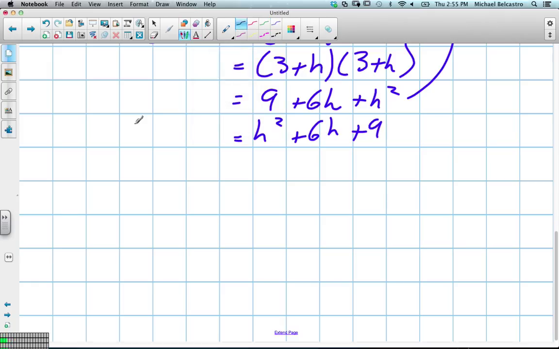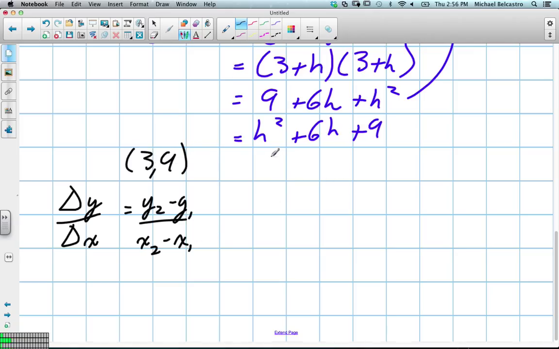So let's clean this up a little. Change in y over the change in x, which is our y2 minus y1 over x2 minus x1. One of our coordinates was 3 and 9. The other one was 3 plus h, and then h squared plus 6h plus 9. This is our y2, x2, x1, y1.